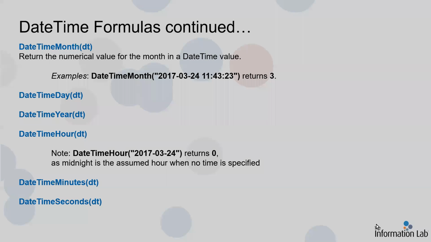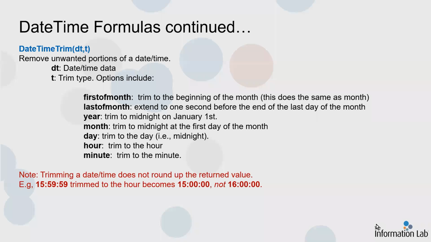Just a few more. There are quite a few DateTime formulas, but again, they're so handy. So the next one is the DateTime trim function, and this will remove unwanted portions of a DateTime. So for example, you could trim to just the beginning of the month or the end of the month. You could trim to midnight at the beginning of the year. You could trim to the month, to the day, to the hour, or to the minute.